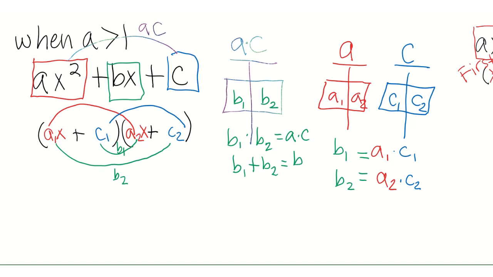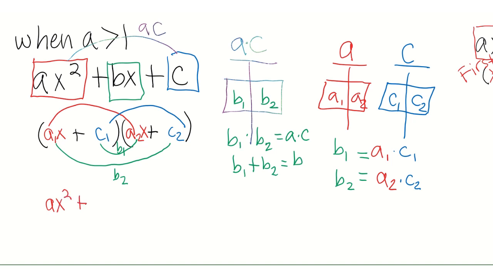So then when I multiply all of these together, that's going to give me A1x times A2x, and when I multiply that together, that's going to give me my AX squared.